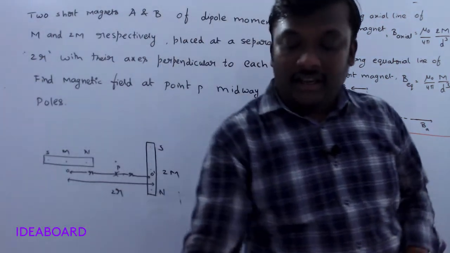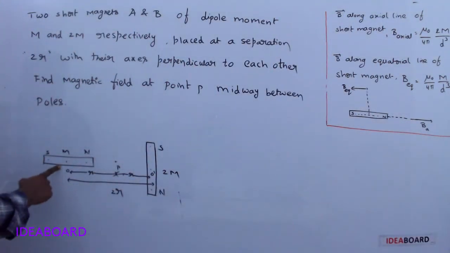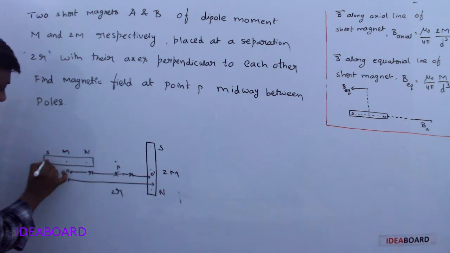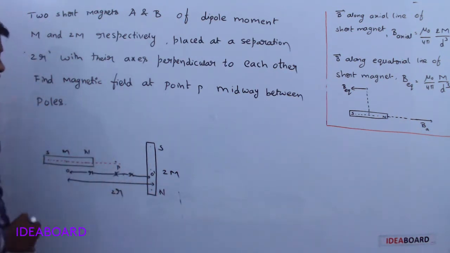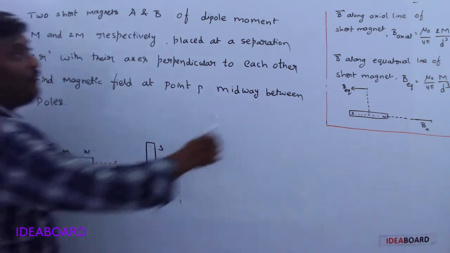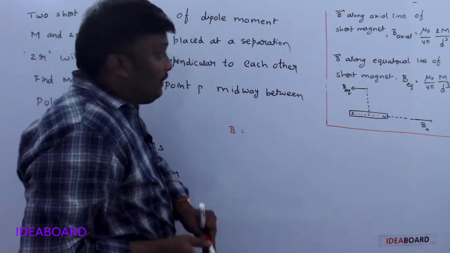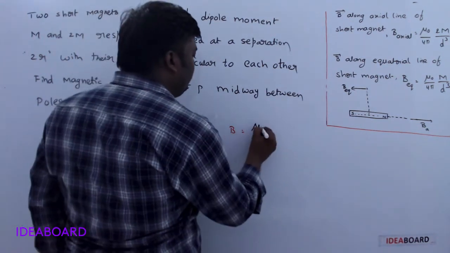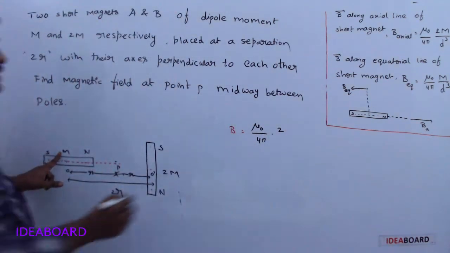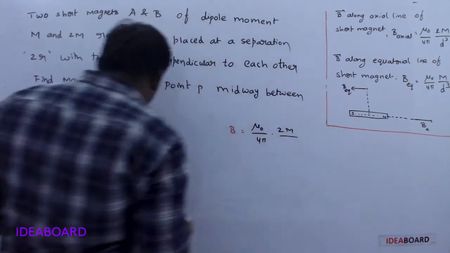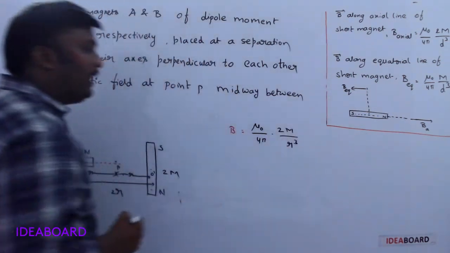This type of question is regularly asked in the examination. Let us see this point for this magnet along the axial line now. For the axial line, what is the formula for B? B is equal to mu naught by 4 pi into 2 times the magnetic moment m by this distance r, hence 2m by r cube.